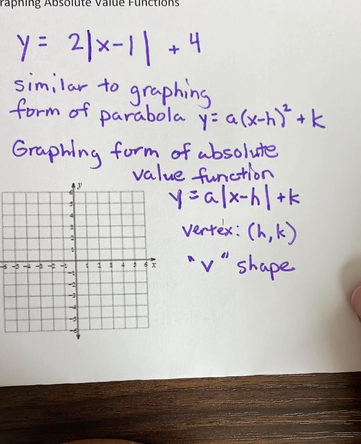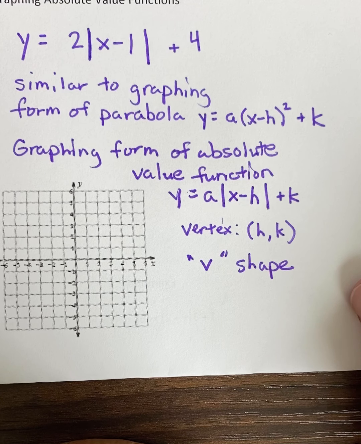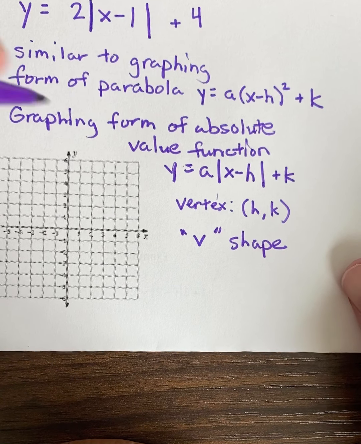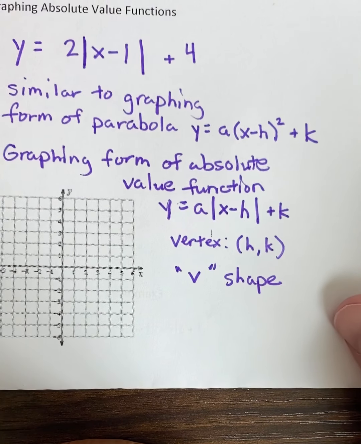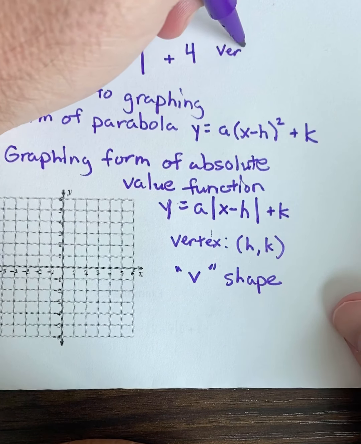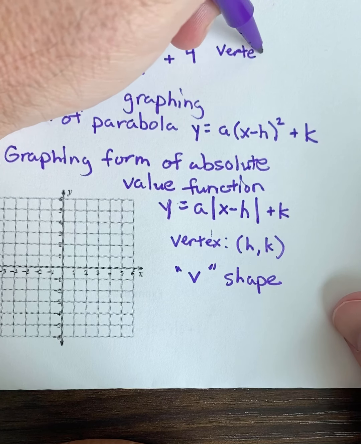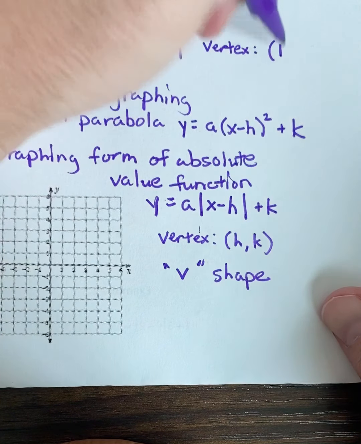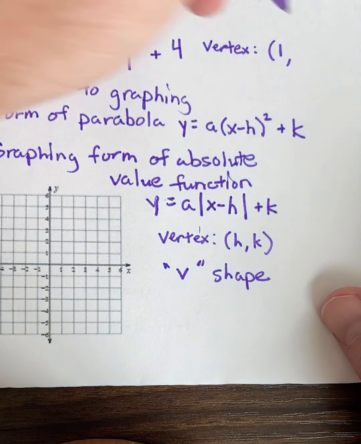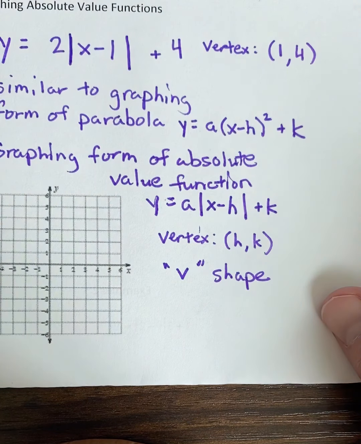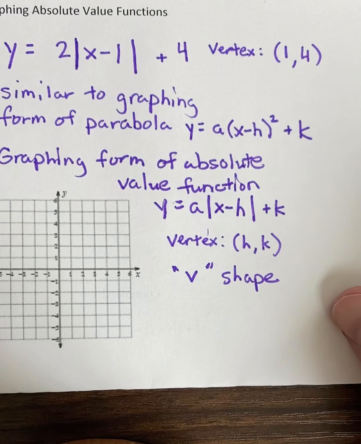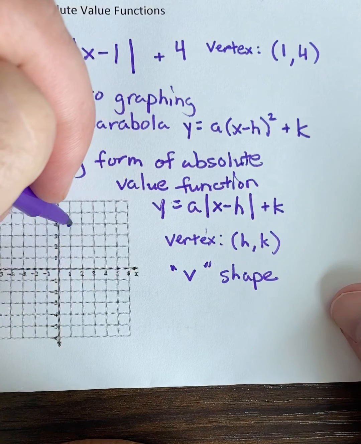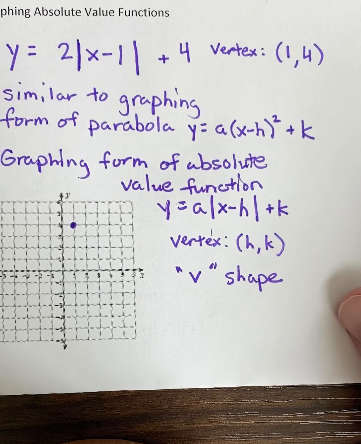y equals 2 times the absolute value of x minus 1 plus 4. We know that the vertex is going to be the opposite of the number inside, so negative 1, comma, the number on the outside, which is 4. So the vertex is going to be 1, 4. This opens up.